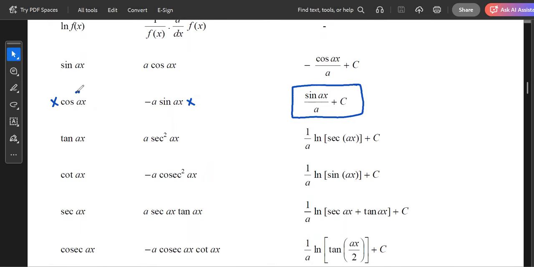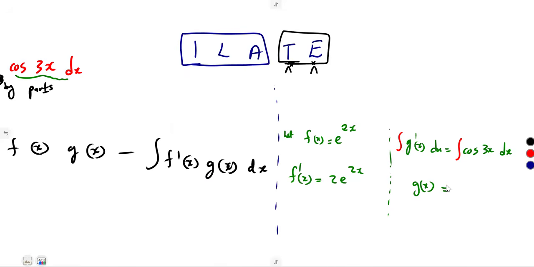So it's cos 3x, so it means it's going to be sine 3x over 3. So that is the integral of a cos. We're going to have plus the constant of integration. Do not worry about that one for now.